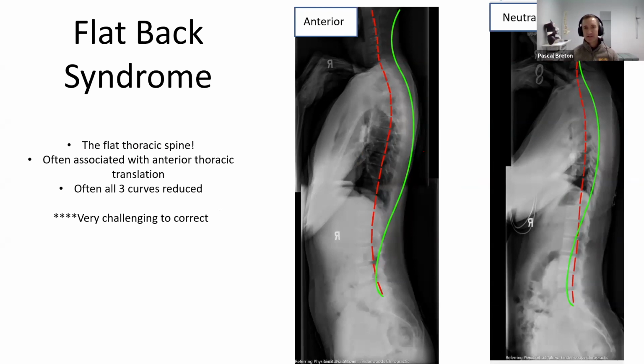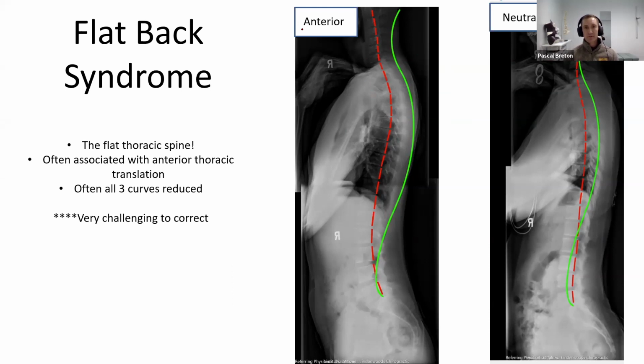In these cases, if I just put a cervical dental roll and a Pro-Lordotic under these patients' necks alone, I'm probably not going to make much of a dent. These are quite challenging to fix. I love the challenge on them, but I always hold my breath to see how much curve change we're going to get, because these are generally ones where you have to target all three areas at the same time if you want to create change.